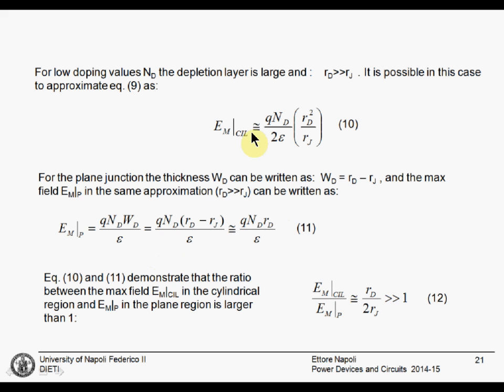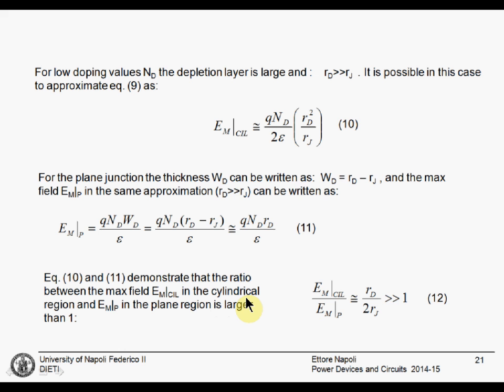Now we can simply calculate the ratio between the maximum electric field for the cylindrical junction divided by the maximum electric field for the plane junction. This cylindrical should have been written with Y, not with I. Cylindrical is with Y. You see?